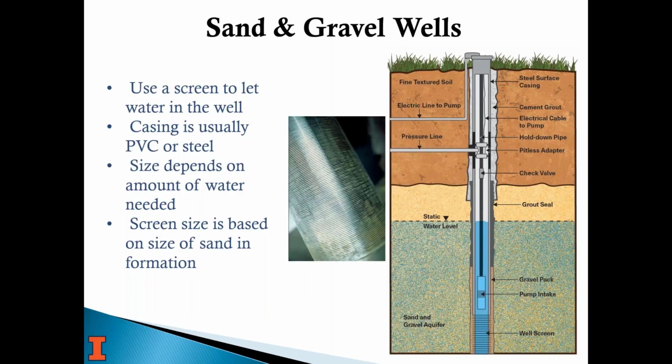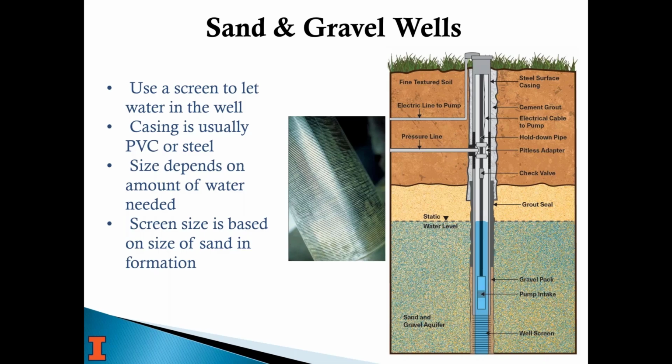So sand and gravel wells, they have a screen, and that's because when you put a well in sand, the sand wants to just fall into the hole you're drilling. So you use mud when you're drilling the well with the drill rig to keep that hole open, and then you're putting a well in with a screen. You're seeing in this picture the actual well screen, and the area between those stainless steel woven bands is the slot size, and that's based on when the driller drills these wells.